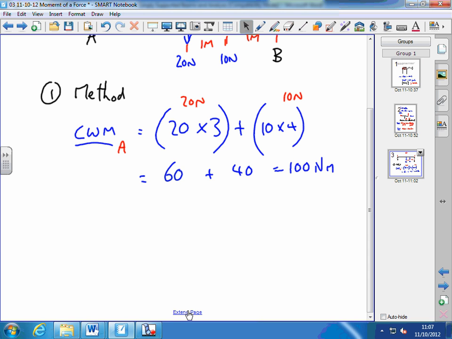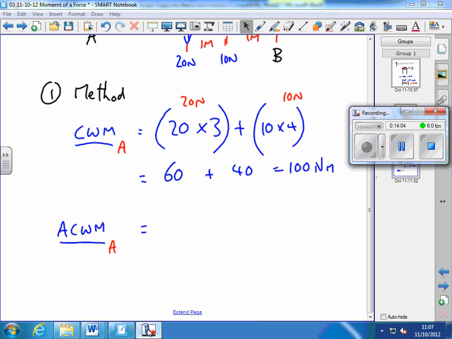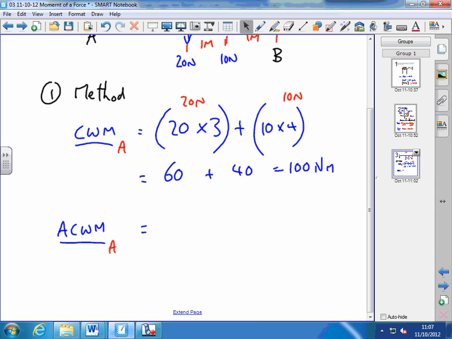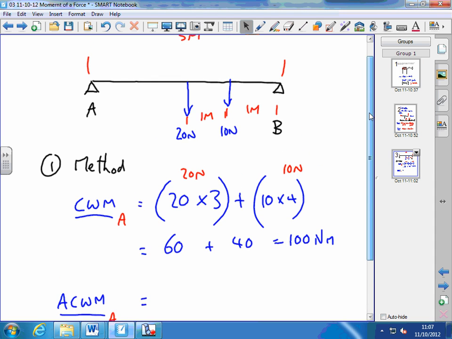And then we find the anti-clockwise moments about A. So anti-clockwise moments about A equal, right, I just look at this one because we'll look at this together. So what's the anti-clockwise moment about A?